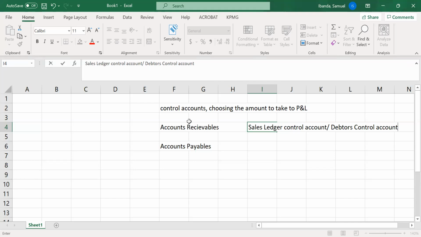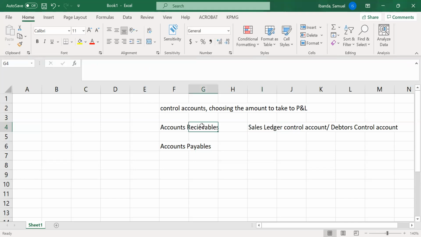One thing that you need to understand is that sales and receivables go hand in hand, and more so when it comes to credit sales, because when you sell on credit, we get accounts receivable, which are sometimes called the debtors.